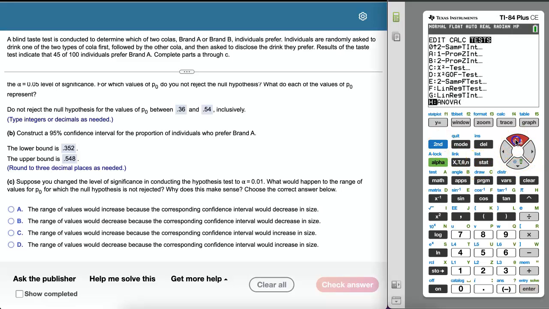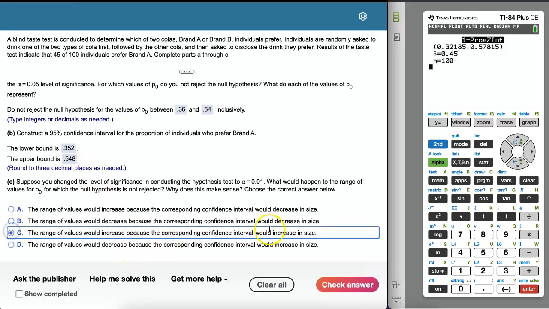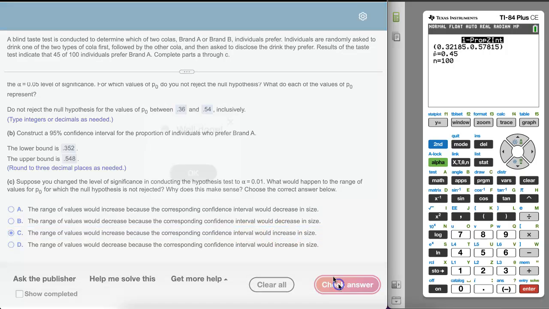So let's do that. I'm going to go to choice A, and I'm just going to change my confidence level to 0.99. Notice that the lower bound is lower than it was before, and the upper bound is higher than it was before. So the range of values increased because the corresponding confidence interval increased.